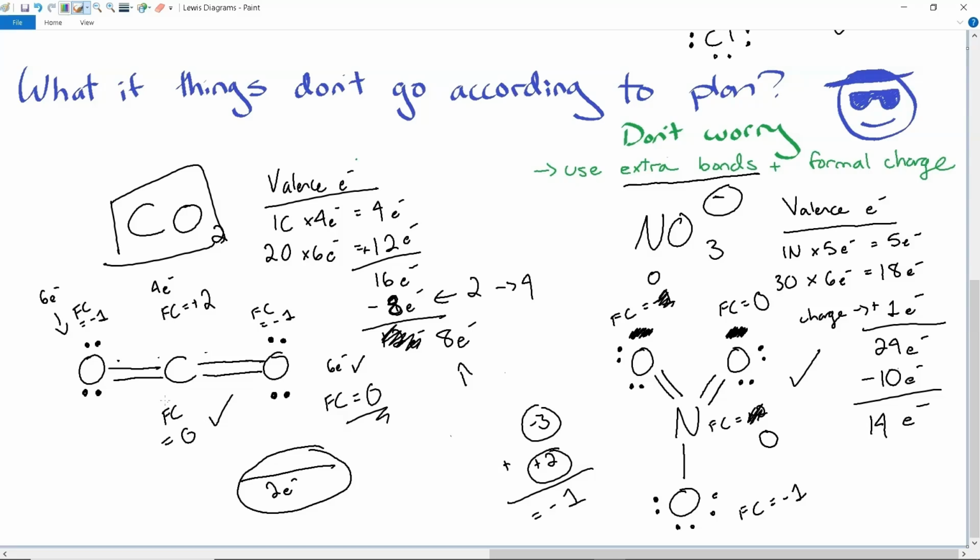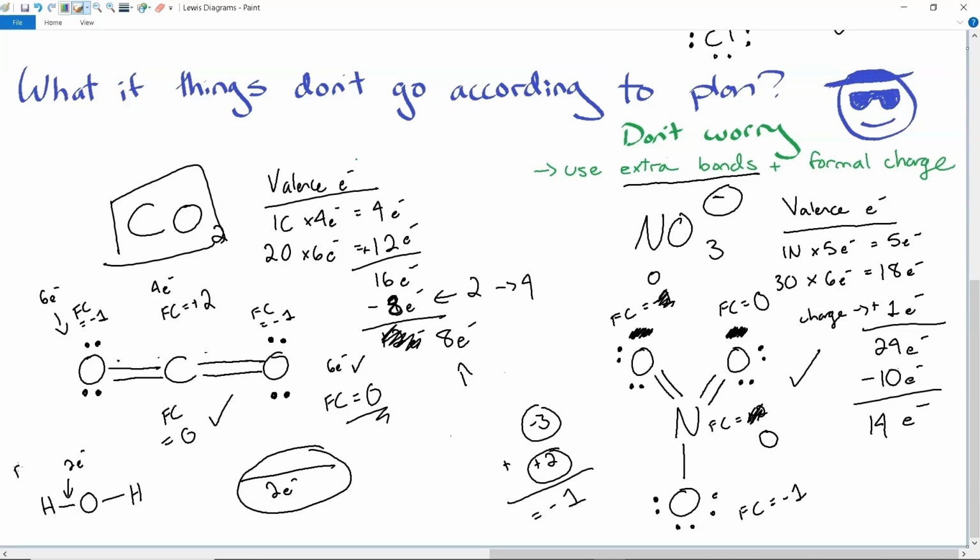right? So take the H2O example from before. This line represents 2 electrons, which is why we can say hydrogen is now stable, because it only needs 2 to become stable.